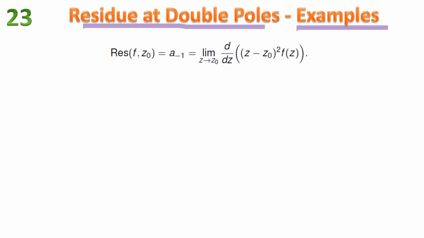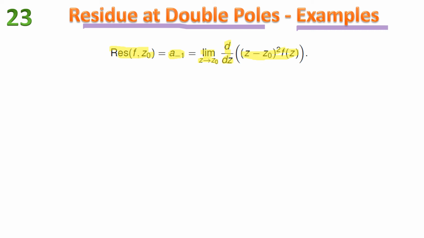What we have learned in the earlier slide is that the residue of f at z0 is the a minus 1 coefficient, which can be simply obtained by taking the limit as z approaches z0 of d/dz, that is, the derivative of (z minus z0) square into f of z.